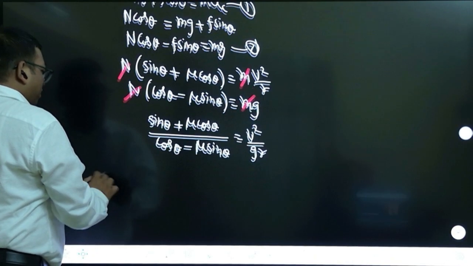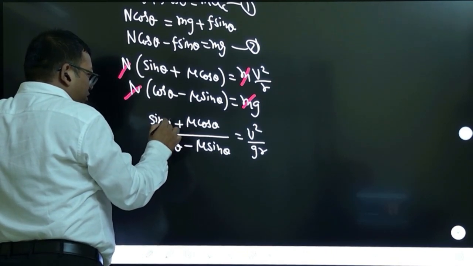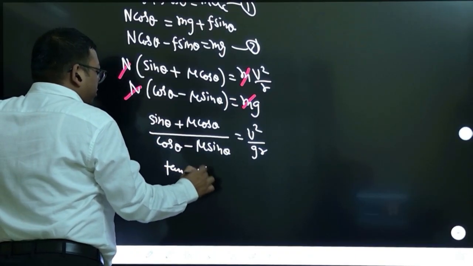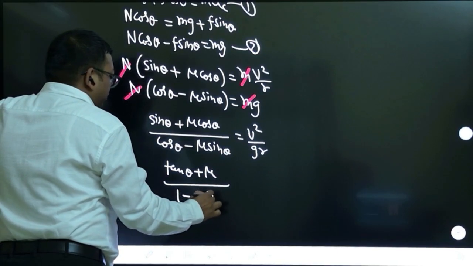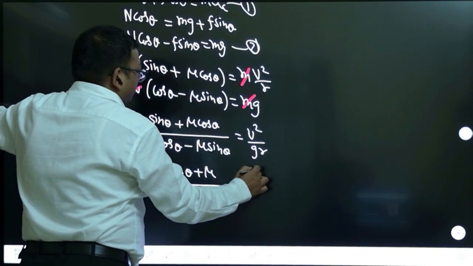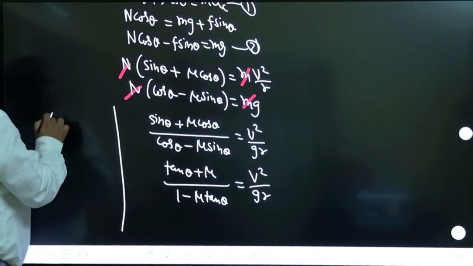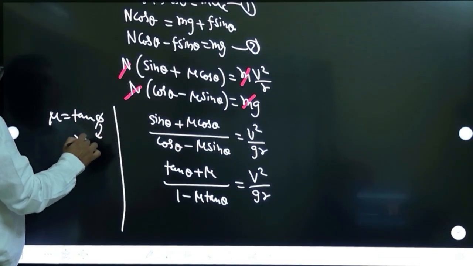So from here we can divide by cos theta in the numerator and denominator, so it becomes tan theta plus mu, and this becomes 1 minus mu tan theta. This is v square by gr, and already I told that mu we can take as tan phi, the friction angle.